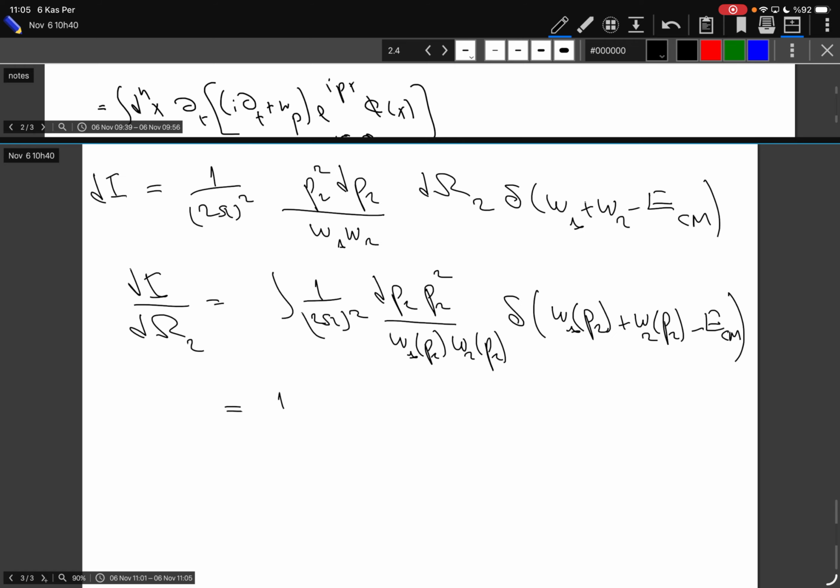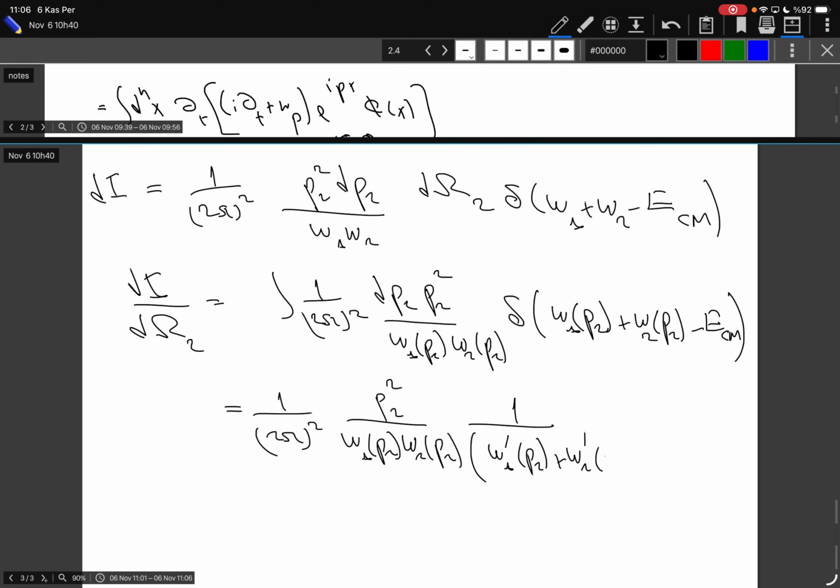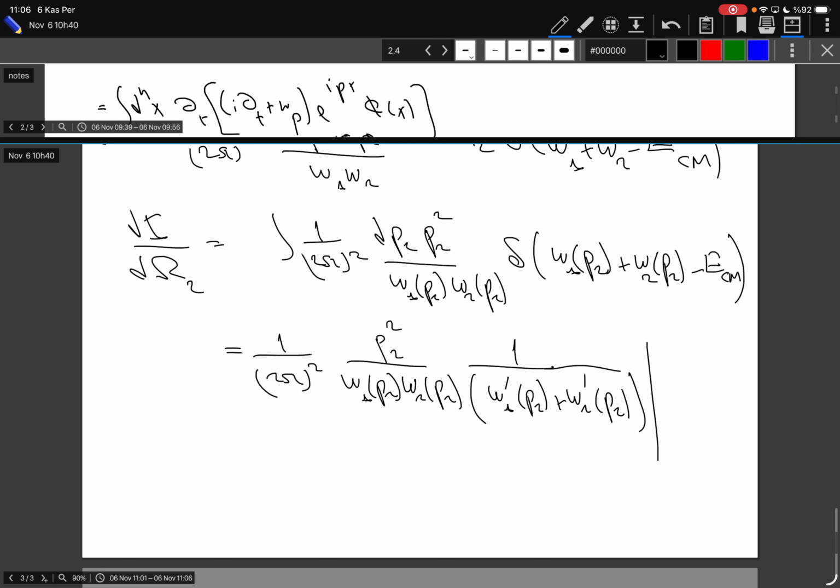The result will be 1 over 2 pi squared P2 squared divided by omega 1 P2 omega 2 P2, times 1 over omega 1 prime with respect to P2 plus omega 2 prime with respect to P2, evaluated at the value of P2 which will make omega 1 P2 plus omega 2 P2 equal to the center of mass energy.